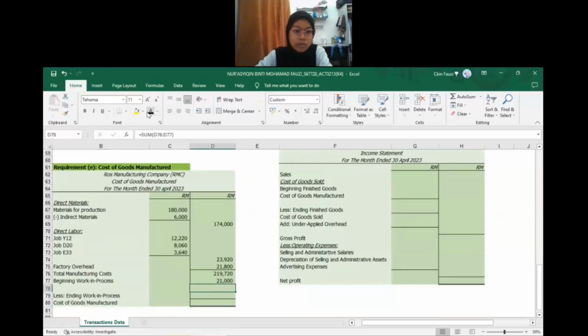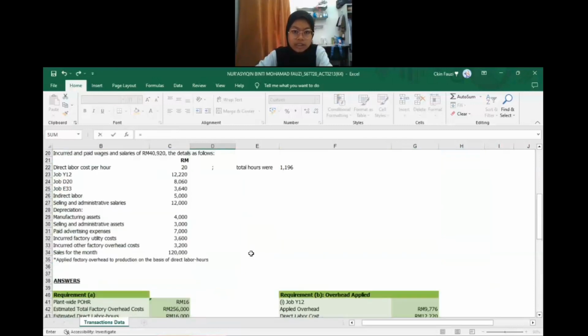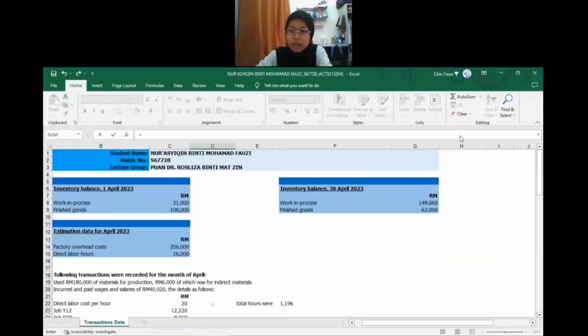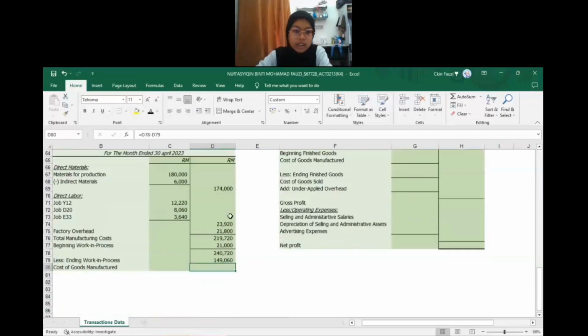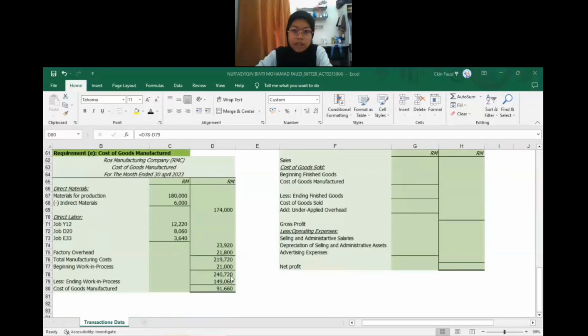So we get 240,720. Next, minus the ending work in process, already given, minus work in process 149,060 ringgit. So last we get 91,660. Okay, this amount is the COGM.